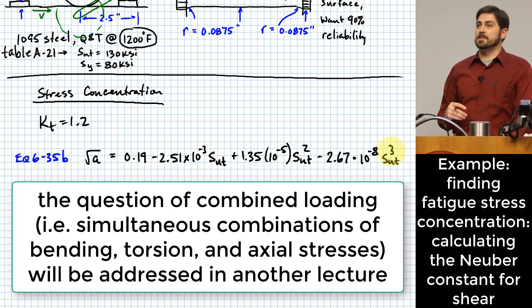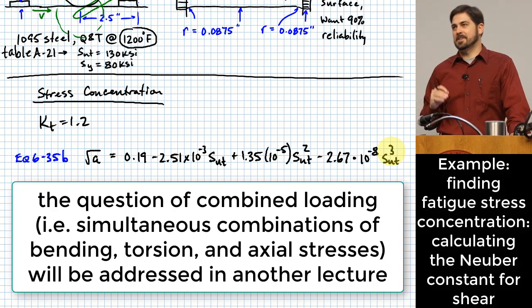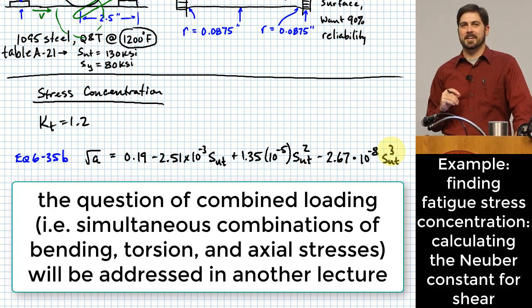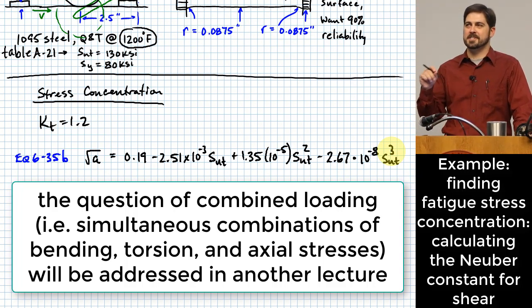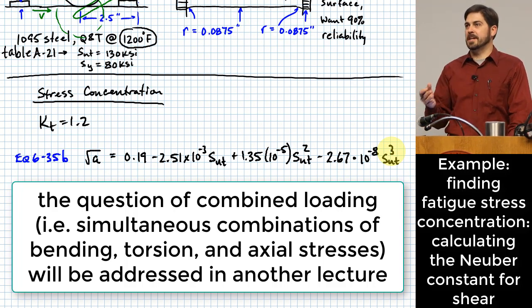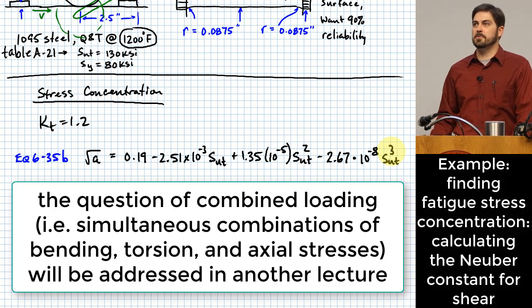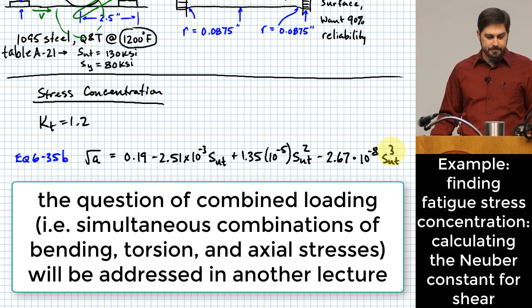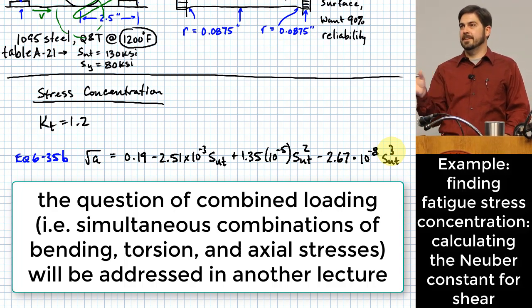We actually have an entire lecture dedicated to that possibility coming up in short order. I don't think it's next lecture, I think it's the one after that. There's also a section in the book dedicated to combined loading, so we will get to that. We have some techniques for dealing with that situation as well, but for right now, we're doing one at a time.